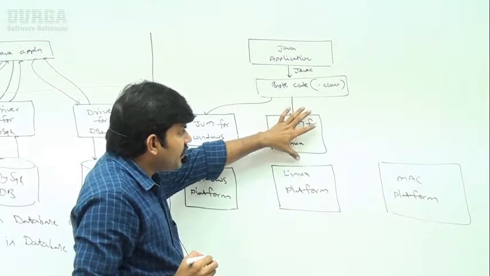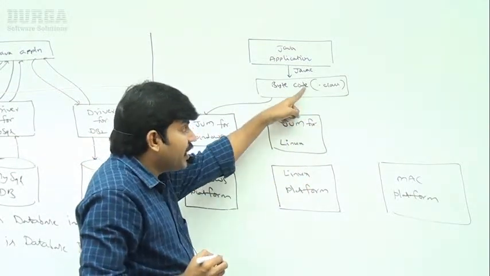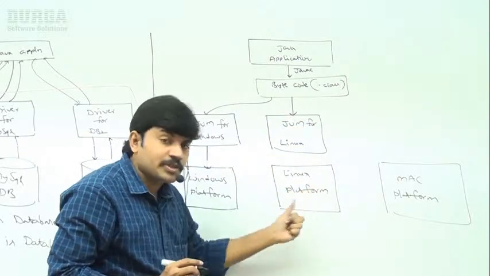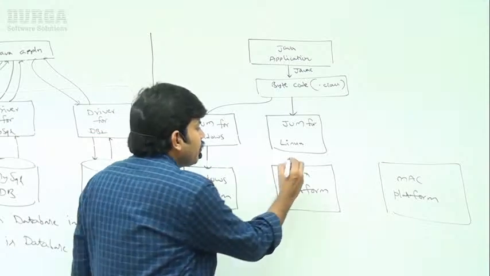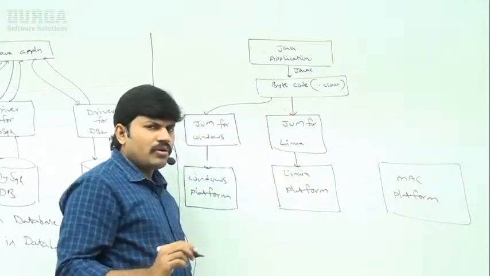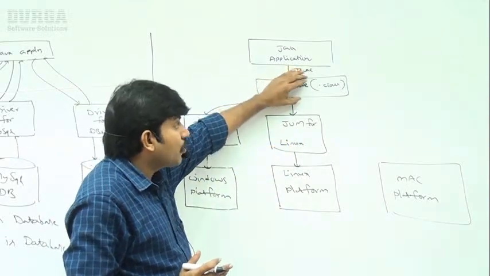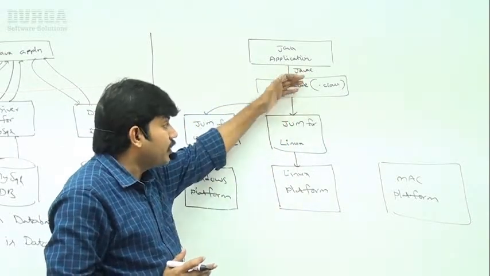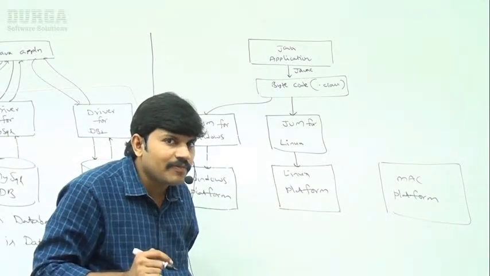This JVM for Linux converts this machine independent bytecode into Linux specific code. Now the Linux machine can understand and execute that. So who is going to take care of converting this machine independent bytecode into the corresponding machine code? Who is responsible for that?